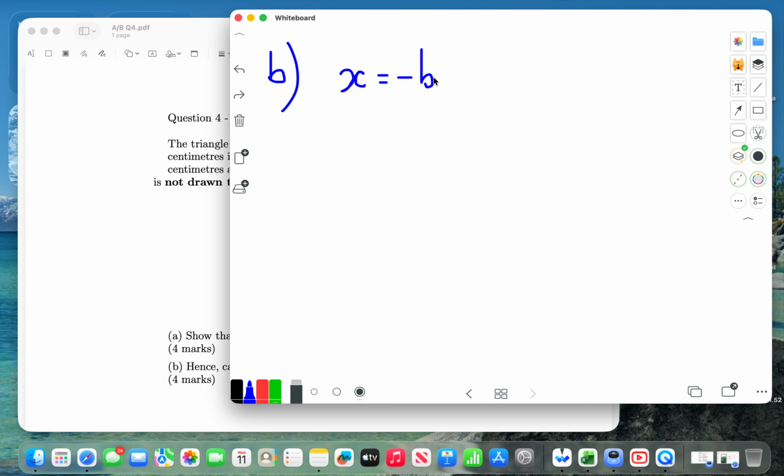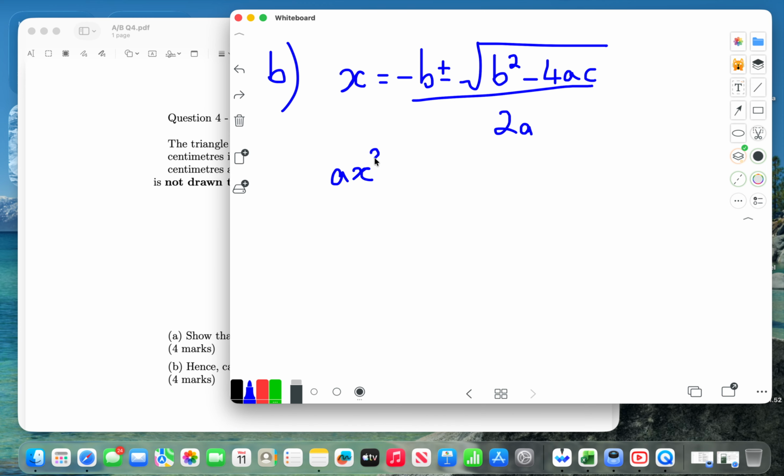It's given to you in the exam, but it's minus b plus minus the square root of b squared minus 4ac, all over 2a, with ax squared plus bx plus c equals 0.